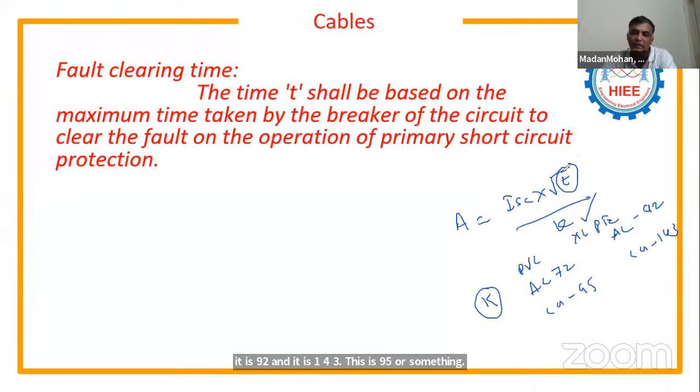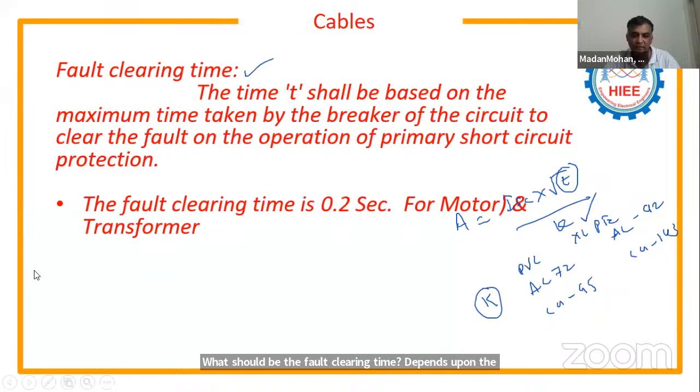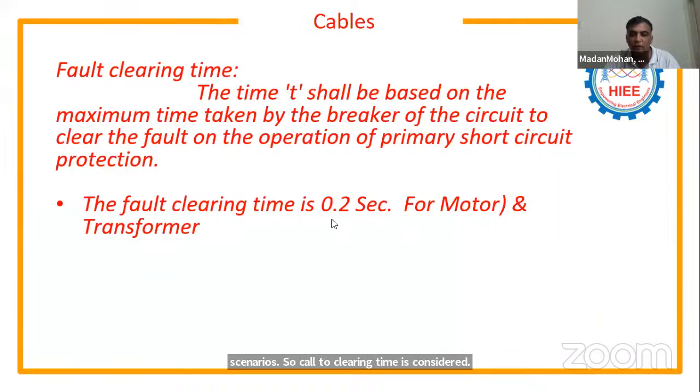Now we have to take what should be the time, what should be the fault clearing time. It depends upon the scenarios. So we consider a fault clearing time of 0.2 seconds for motor feeders and transformer feeders. Fault clearing time for motor and transformer feeder applications, we take 0.2 seconds.